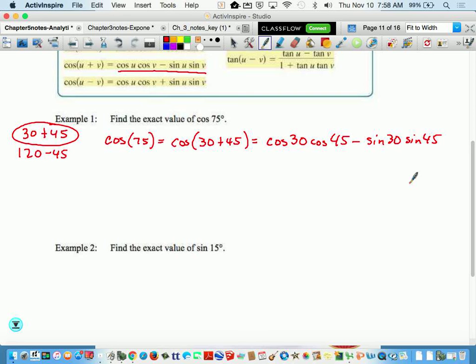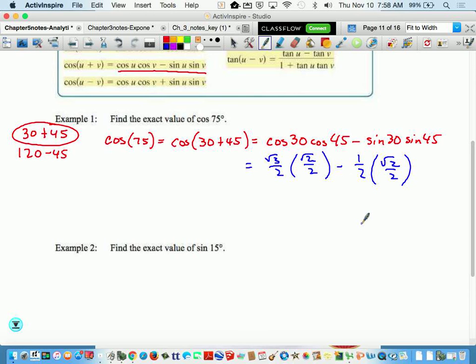What is the cosine of 30? Root 3 over 2. What's the cosine of 45? What's the sine of 30? What's the sine of 45? So I go ahead and I write all these down.